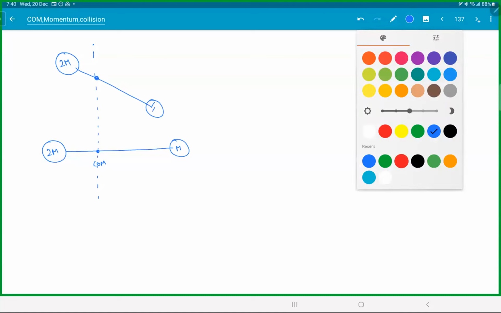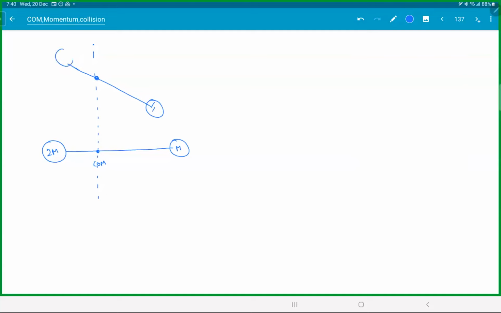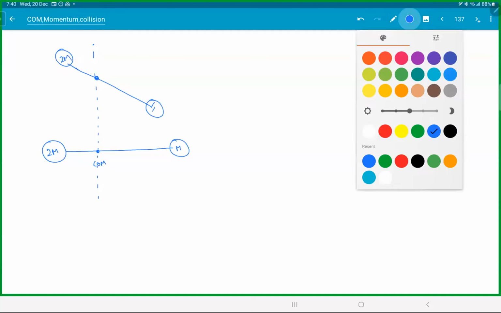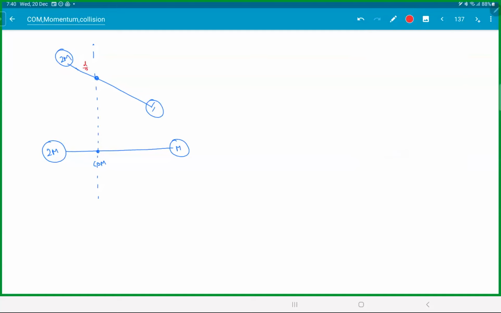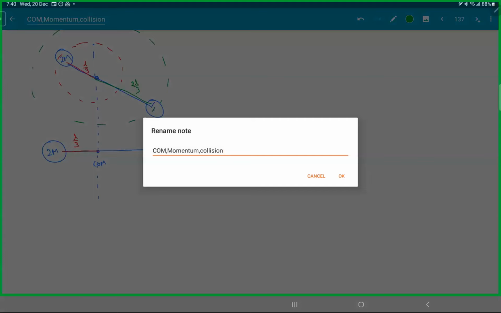I might exaggerate it a bit. So this radius will be L by 3 and this is going in a circle of L by 3. This guy is going in another circle. So this is how you find coordinates. That is a different thing.